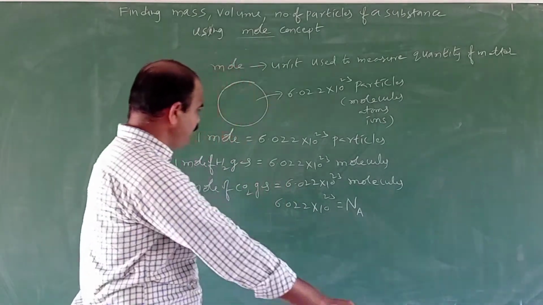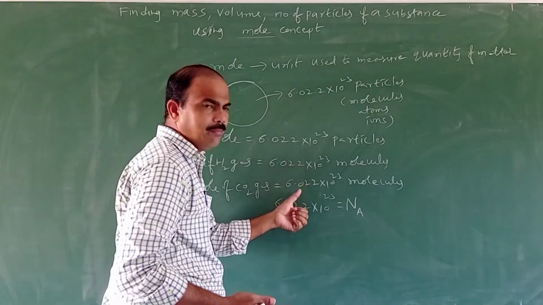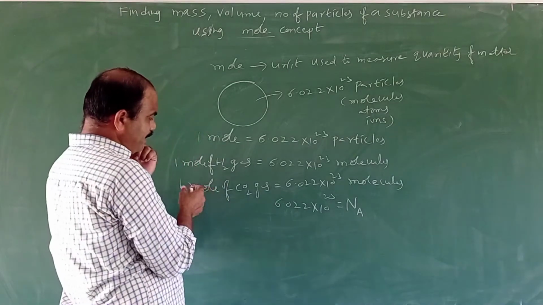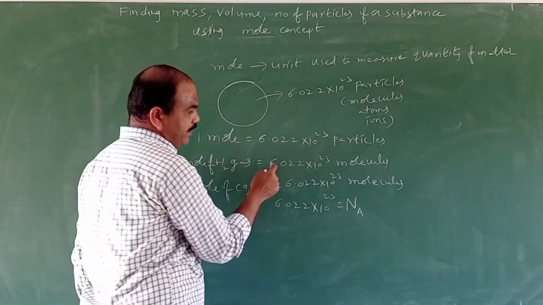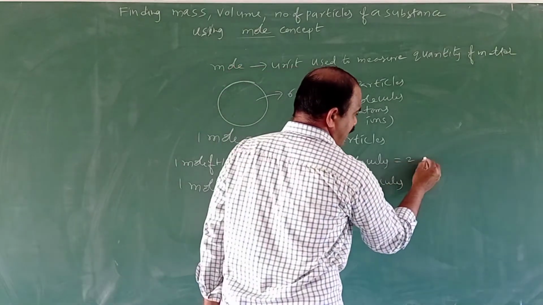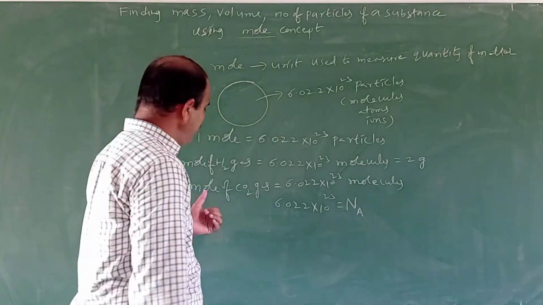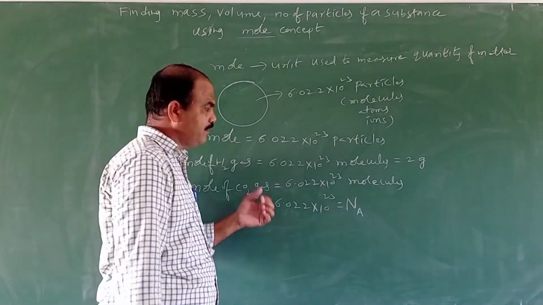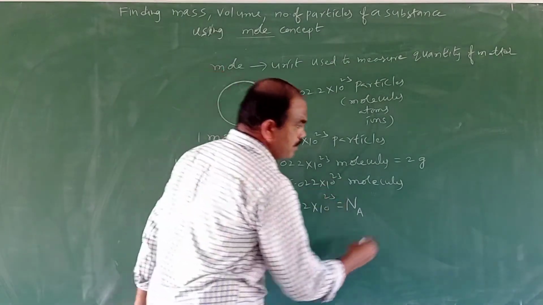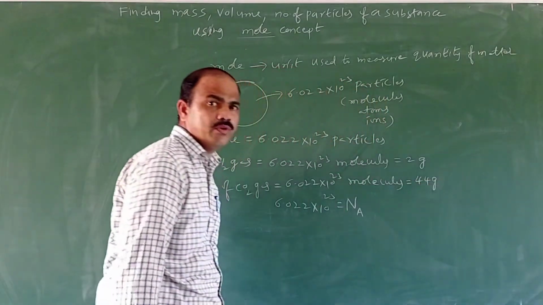Even though 1 mole of different substances contains the same number of particles, their masses are different. For example, 1 mole of hydrogen gas contains 6.022 × 10^23 molecules, but its mass is 2 grams. 1 mole of carbon dioxide gas also contains 6.022 × 10^23 molecules, but its mass is 44 grams.